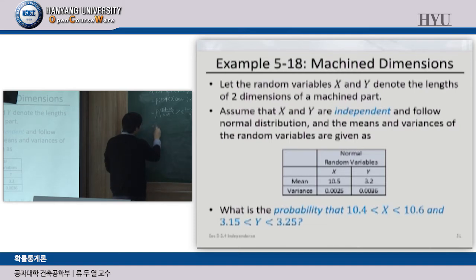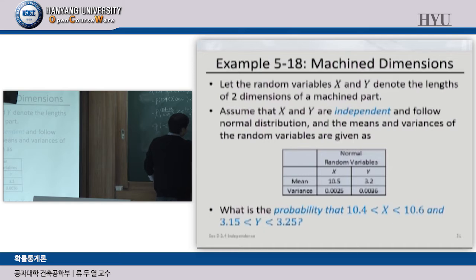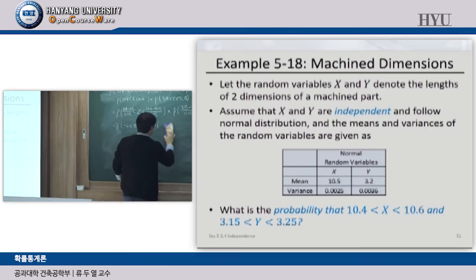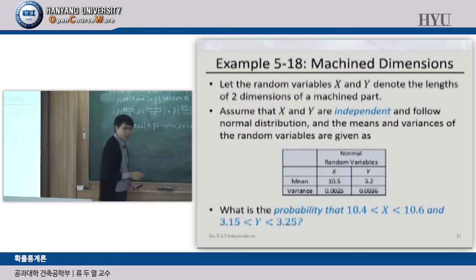So this is equal to the probability of z between minus 2 and plus 2, right? Multiplied by the probability of z between minus 0.833 and 0.833.